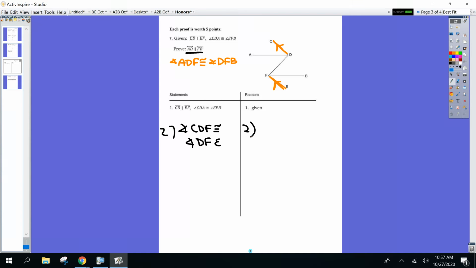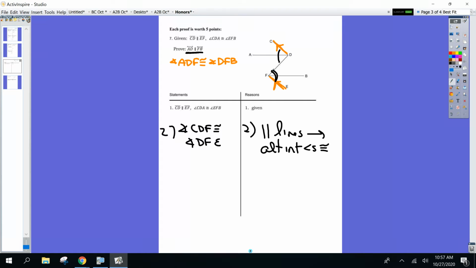Those are alternate interior. Take a look, CDF and DFE. Parallel lines imply alternate interior angles congruent. So these angles right here are congruent.